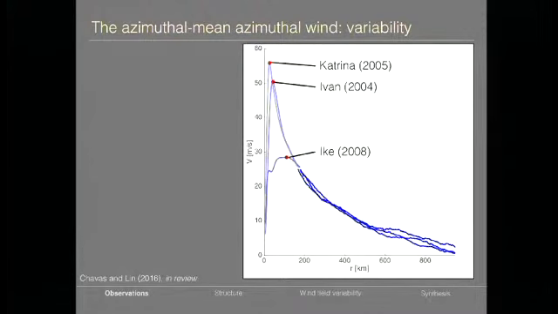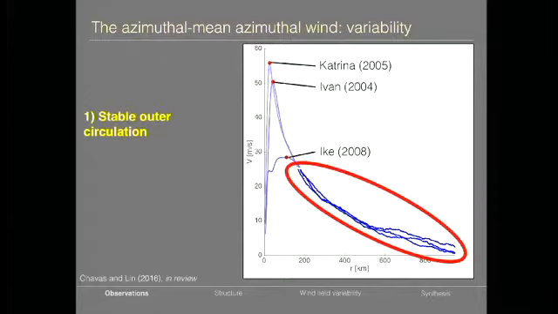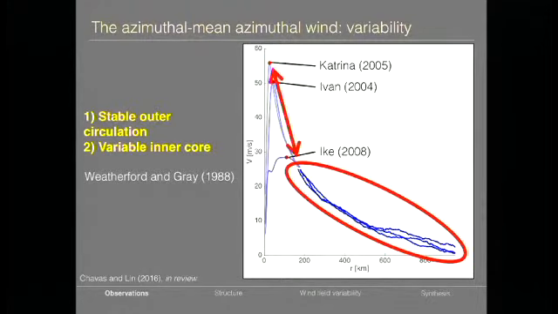Additionally, here are 3 cases from Ike, Ivan, and Katrina from different years, where now we have a very, very similar outer circulation. They're very comparable outer circulations across all 3 of these storms, but then a highly variable inner core. In particular, at higher intensity, the radius of maximum wind decreases.